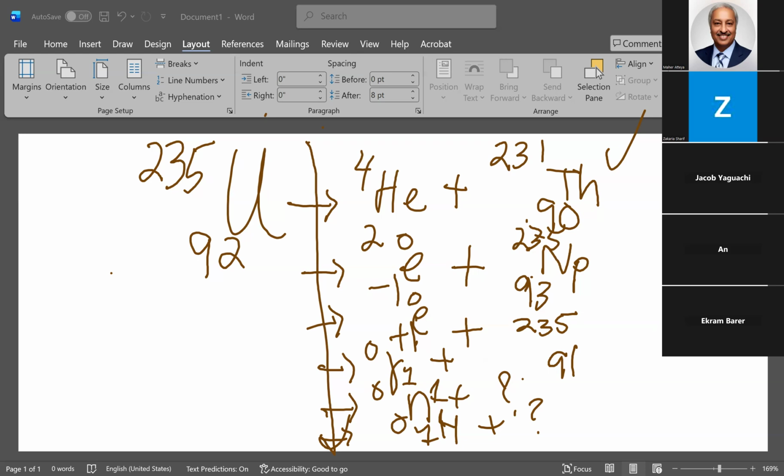Protactinium, Pa. Pa? Yes. Is Pa Pennsylvanium? Protactinium, Pa. Okay, I'll trust you. You don't have the periodic table available to me, but anyway, that's the whole thing.